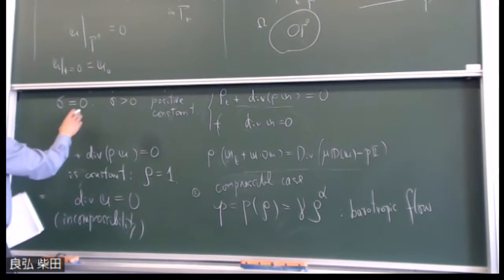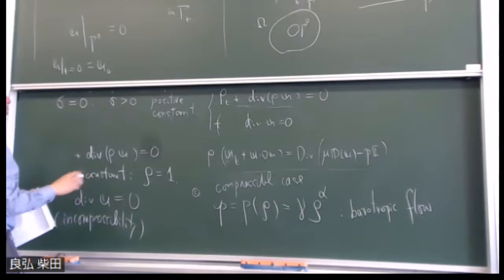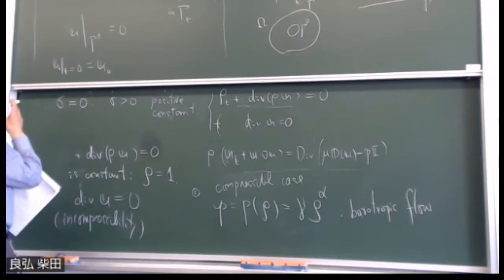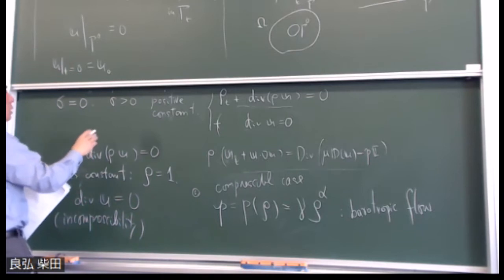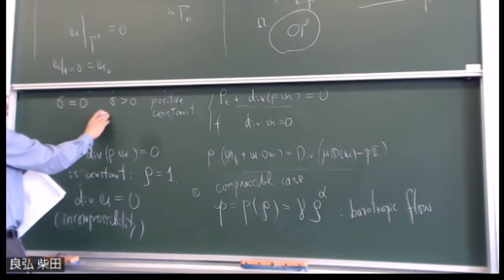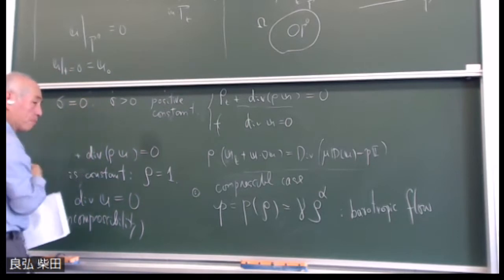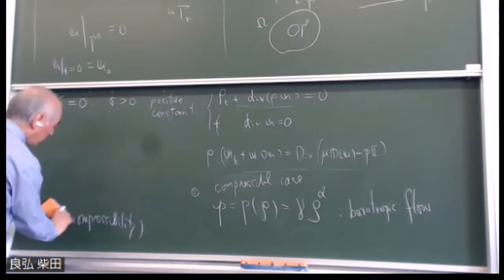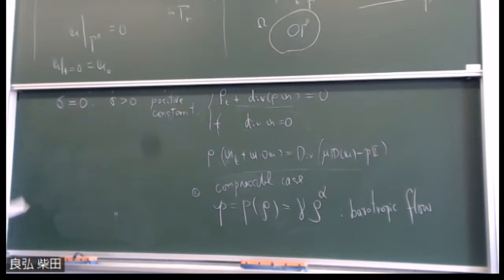And then the mathematical treatment is different when we consider the global in-time existence of solutions. If we want to consider the existence of solutions for large time, then we need a different approach for the sigma equals 0 case and the sigma positive case. Maybe later it becomes clear.